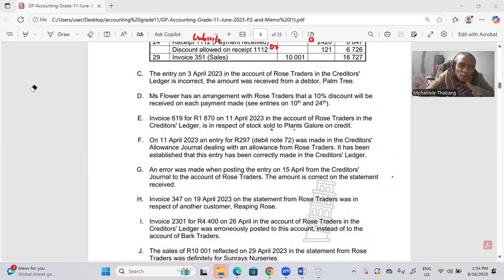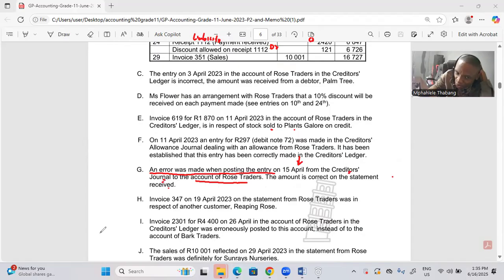So here on this transaction, they are saying an error was made when posting the entry on the 15th April from the creditor's journal to the account of Rose Trader. The amount is correct on the statement received.